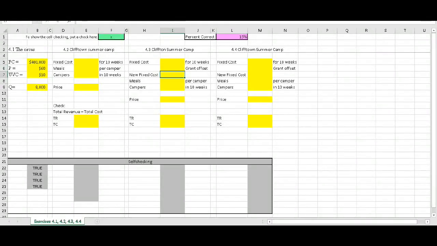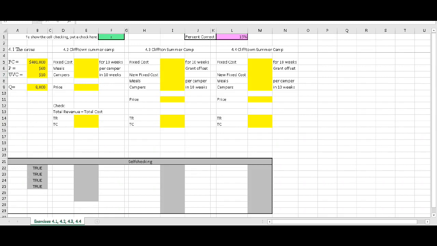It'd be exactly half of this. Then you do the same thing you did over here, and that's going to get you your new price, because you're trying to figure out what to charge. So all you're doing is making some minor modifications to get what the price is.